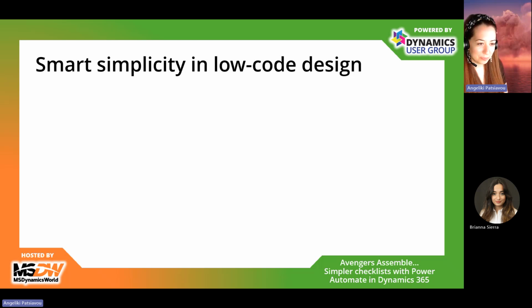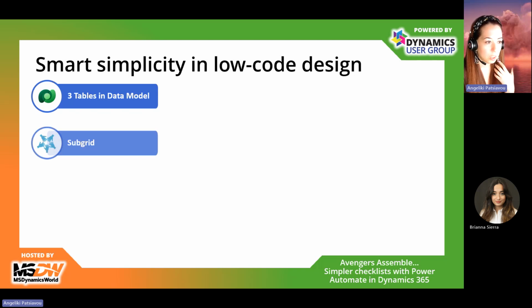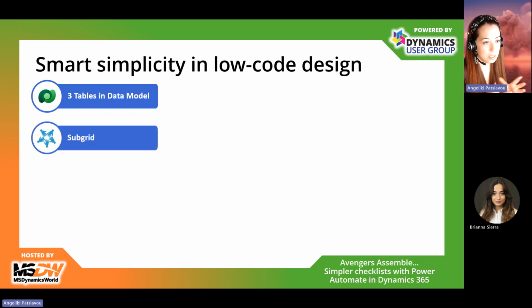Enough about that though. Let's look at our components that are going to give us this checklist automation solution. So we looked at our three tables or three entities that are part of the key components in the data model. We're going to use a subgrid, and this is how we are going to be performing the checklist.